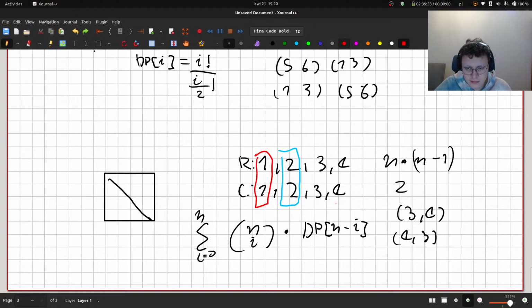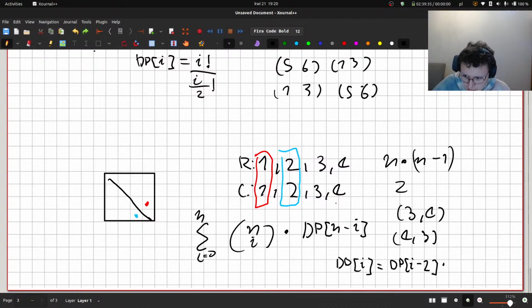And the other way would be to do something like this. They're symmetrical or something. So basically we see that dp from I is equal to dp from I minus 2 multiplied by I times I minus 1.